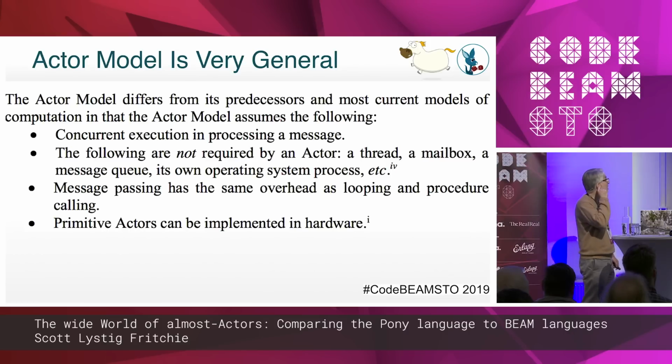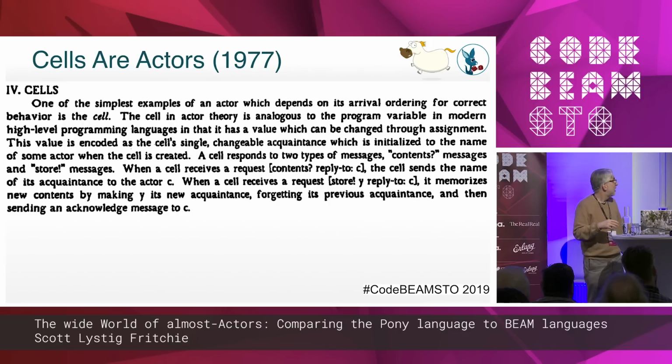Here's from the 1977 paper. This is describing a cell, which would be a single memory word or single memory location, and that it responds to two types of messages. There's the contents message and the store message. And when a cell receives a contents message, it sends the name of its acquaintance, meaning the value of that memory location, back to the reply-to address.